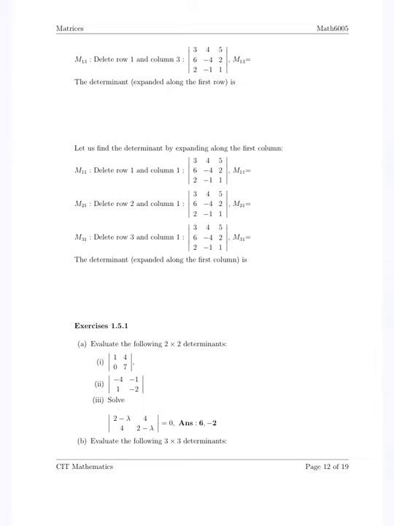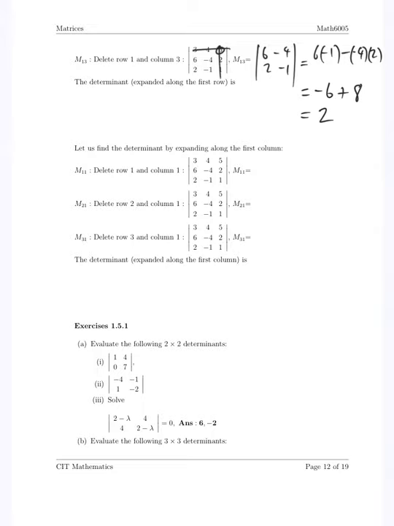Here is position 1, 3, first row, third column. Delete that row and column and get the determinant of what's left. 6 minus 4, 2 minus 1. The determinant is 6 times minus 1 minus minus 4 times 2, which is equal to minus 6 plus 8, which is equal to 2.